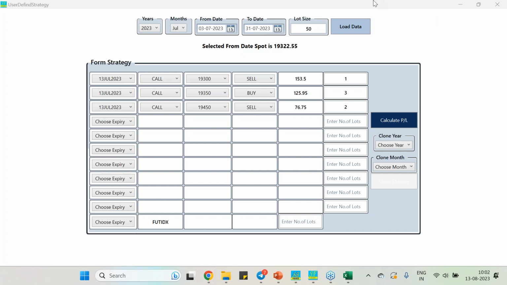Means here the lot you are selling, one lot, and the lot they are buying, there is a 50 point gap, and this will have a 100 point gap. By this process they are making good money. If it is penetrating, and if this particular trade would have closed above 19,450, then it would have given a good profit.